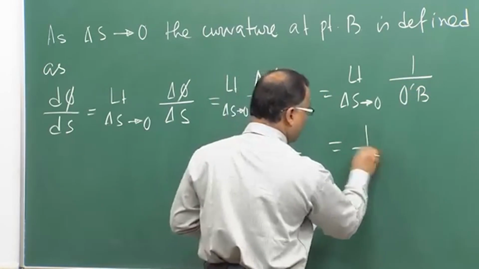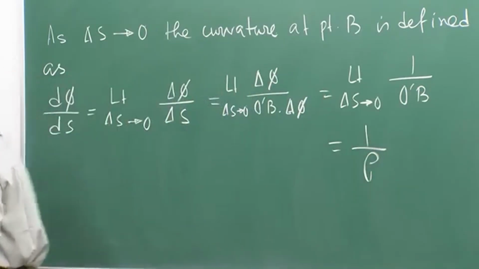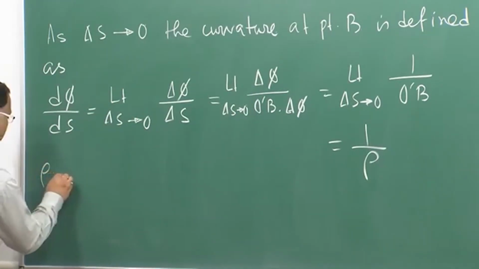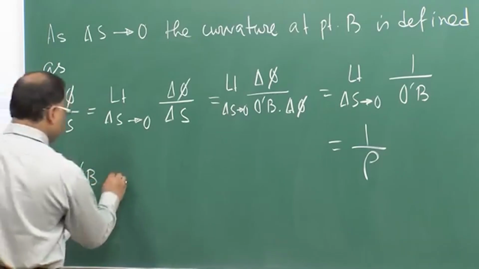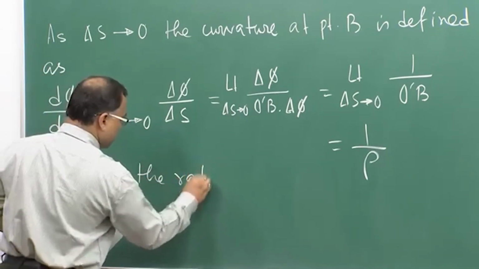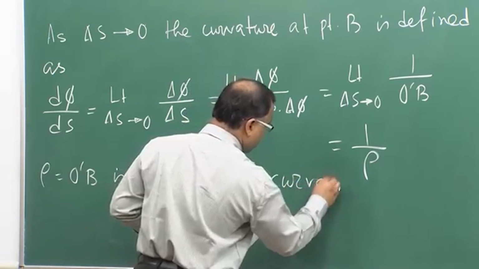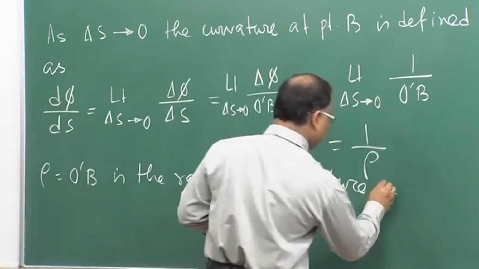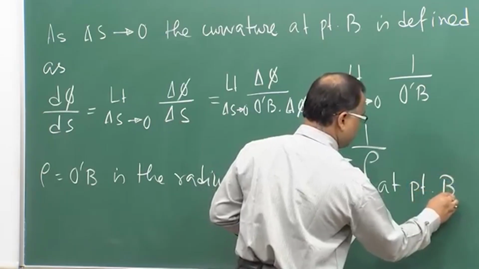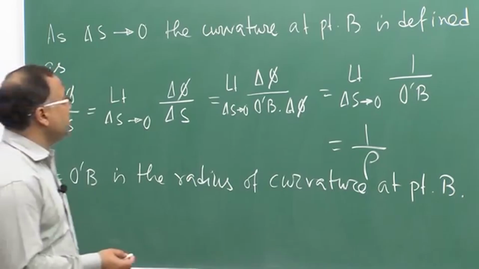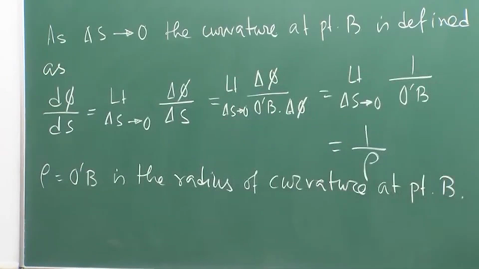This can be written as 1 by rho, where rho is equal to O prime B, the radius of curvature at point B. So, the definition of curvature is nothing but 1 by rho. So, 1 by rho means the radius of curvature, right. So, that we have got here.